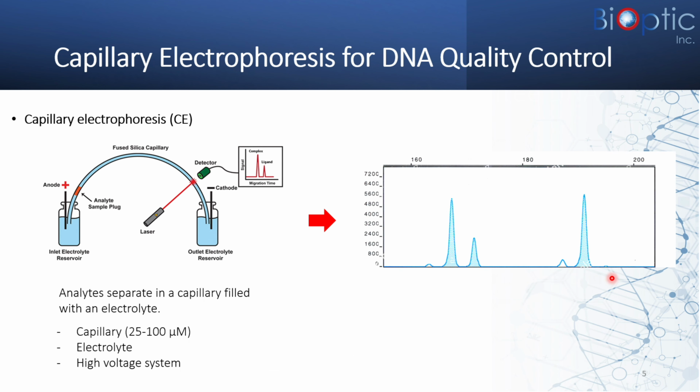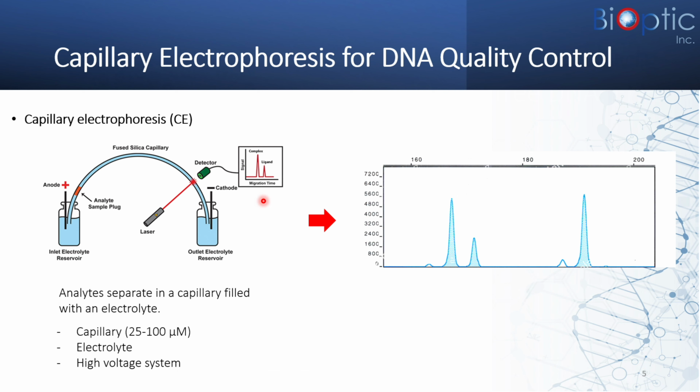Another electrophoresis technology with a long history is capillary electrophoresis. Capillary electrophoresis is composed of three systems: capillary with the electrolyte, the high voltage system, and the high sensitivity optic system. The materials are separated in capillary filled with the electrolyte under the high voltage applied.